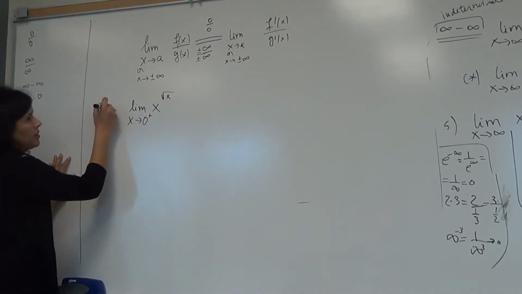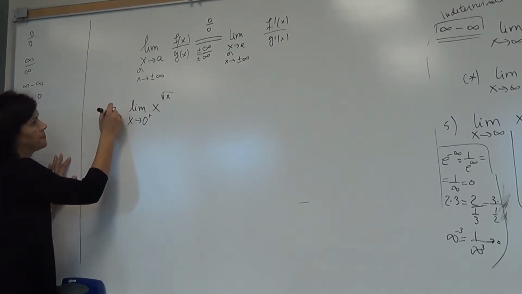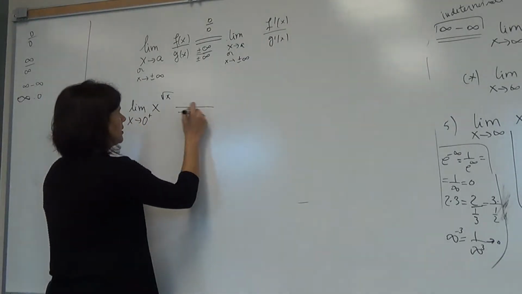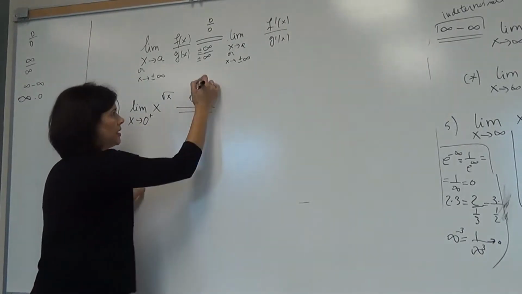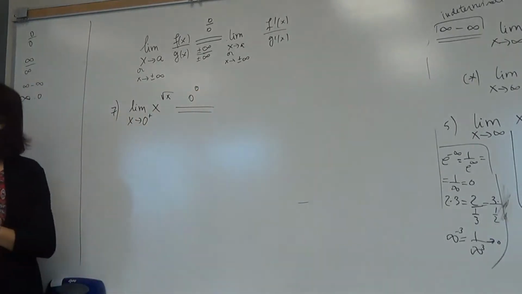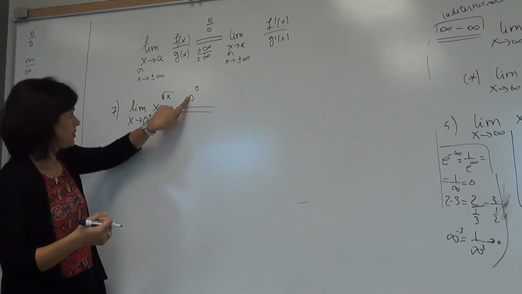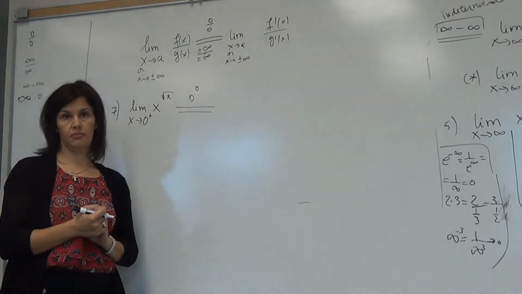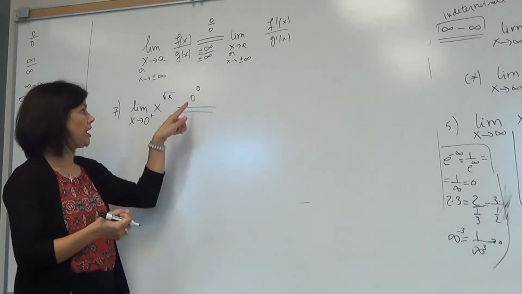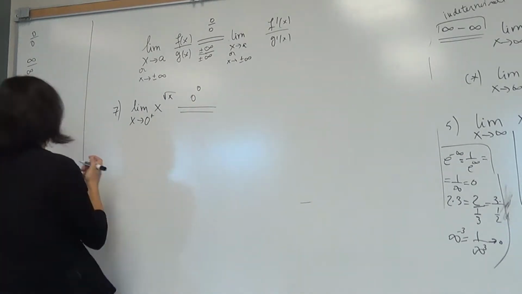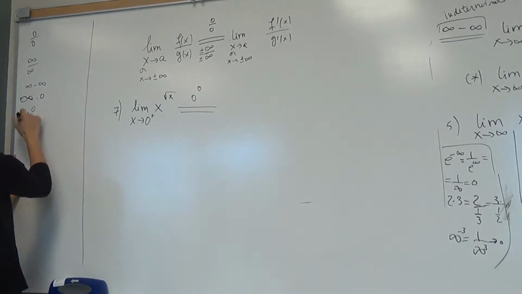And that one is number 7. When x goes to 0 with plus, you have 0 to the power 0. Why is 0 to any power not 0? Or why is not any number to the power 0 equal to 1? So this one again is an indeterminate case.